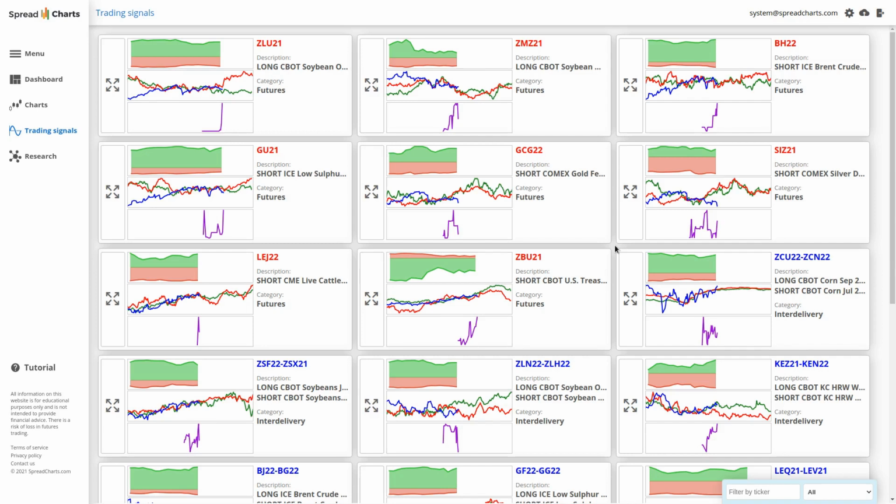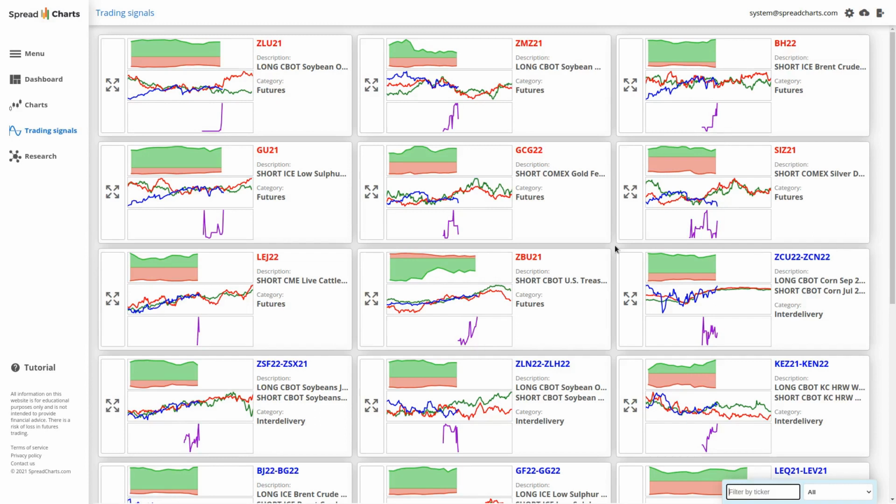So these are competing for the title of the best opportunity on that particular underlying. So our model basically selects the strongest signal for each market in each category.